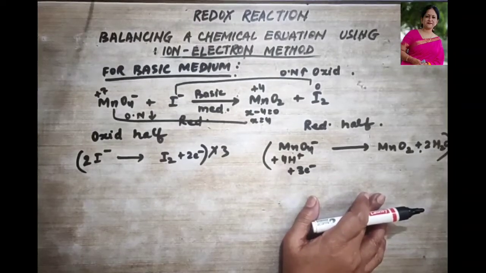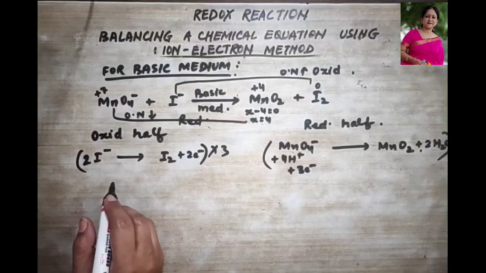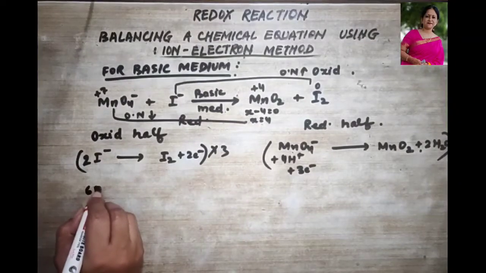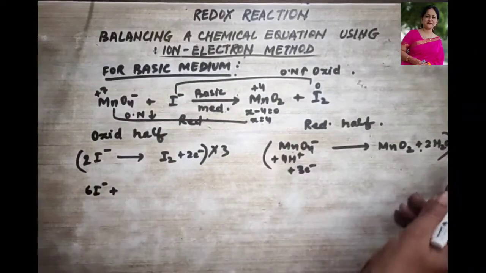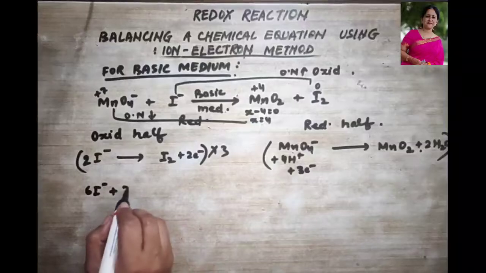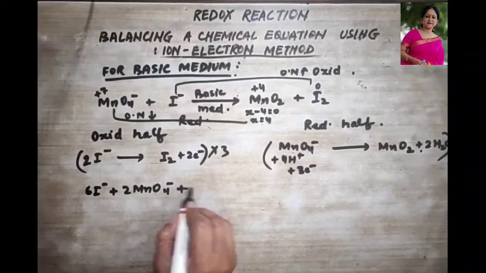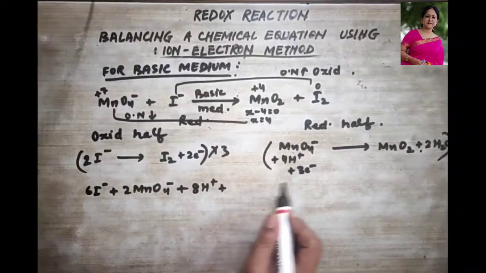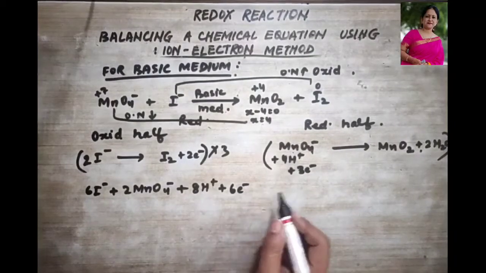Okay, so now let's write down all the reactants and the products over here. So this is going to form 6I minus plus 2 MnO4 minus plus 4 2s are 8 hydrogen ions plus 3 2s are 6 electrons.